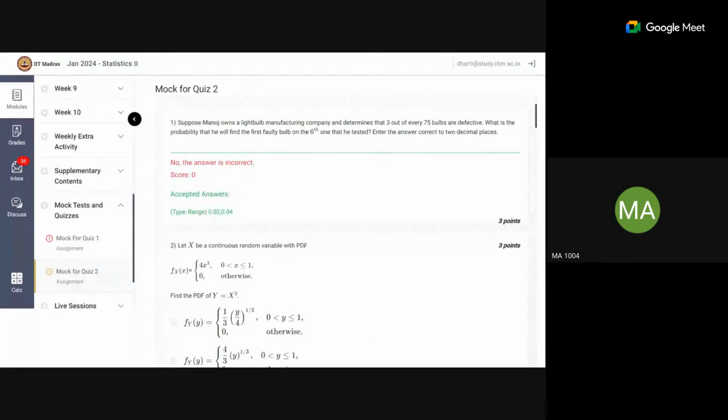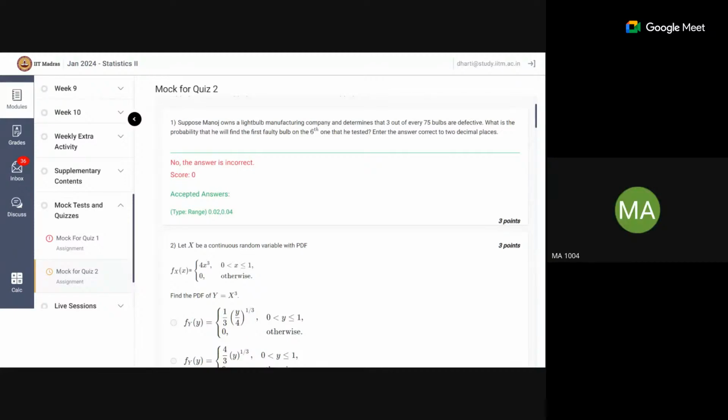Any idea? It's a geometric distribution. And what will be the parameter for that? 3/75 probability.